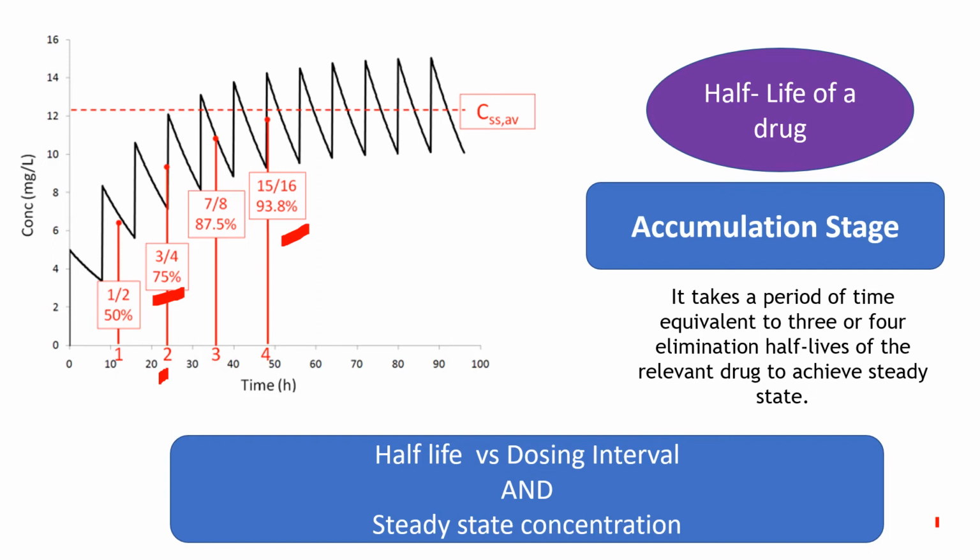What you can see here is that if one dose is given here, a second dose here, and a third dose here, it is like TDS. The drug is being given TDS. Please keep this in mind until we discuss the next slide.